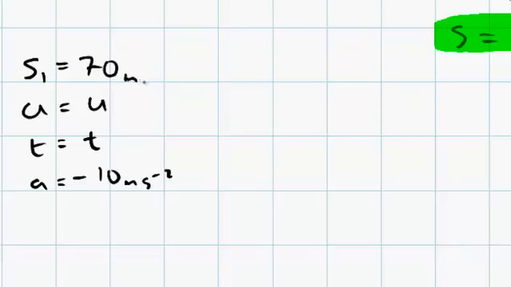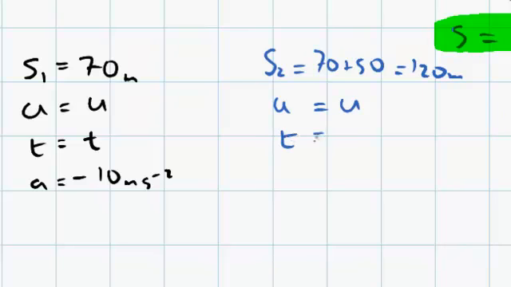Let's put meters in there. Now the second section, I'll do it in a different colour just beside it here. S2 is equal to 70 plus 50, which is 120 meters. U is still equal to u. The time in this case is 2t, and the acceleration is the same.